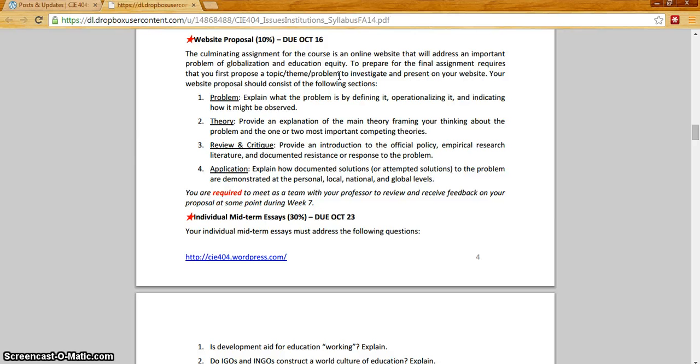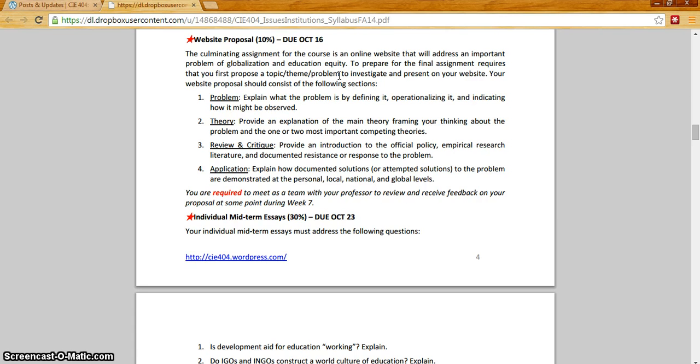One is the website needs to be relevant to the topic of the class, relevant to issues and institutions in international education development. The way that we've done this in the past is we've looked at what some international organizations that are heavily involved in education are doing, and specifically if they had any competitions or grants or other things that they were awarding, and in what areas they were awarding them.